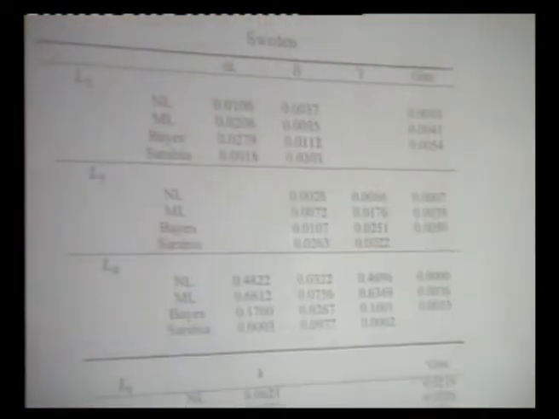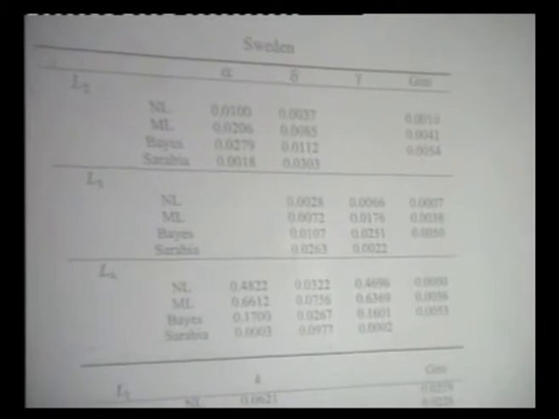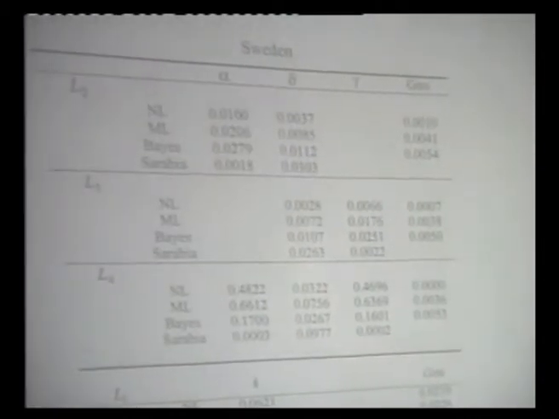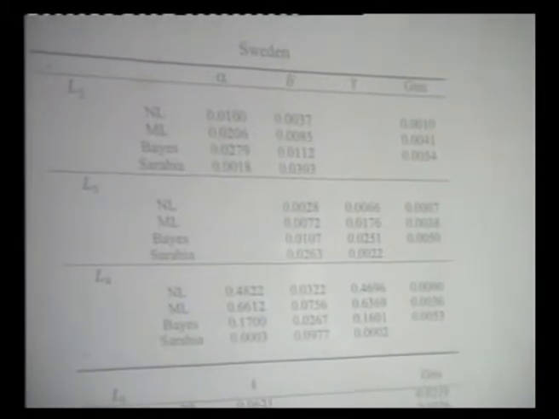So even although the Gini coefficients were similar, the standard errors for the Bayesian estimates more appropriately reflect the uncertainty.